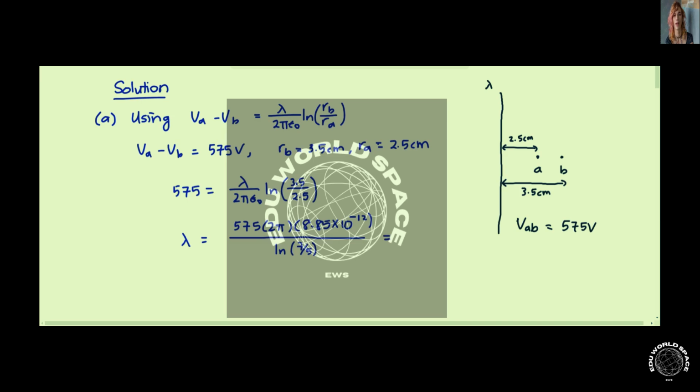You calculate this, you get 9.50 times 10 to the negative 8 coulombs per meter, or 95 nanocoulomb per meter. This is the answer for part A.